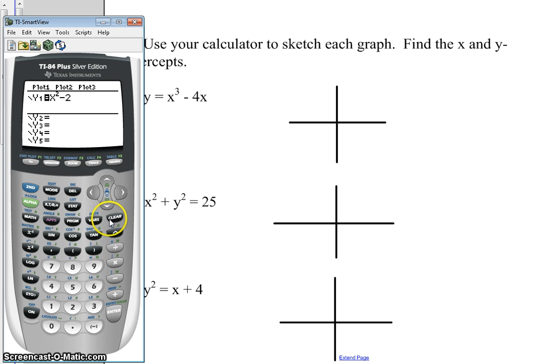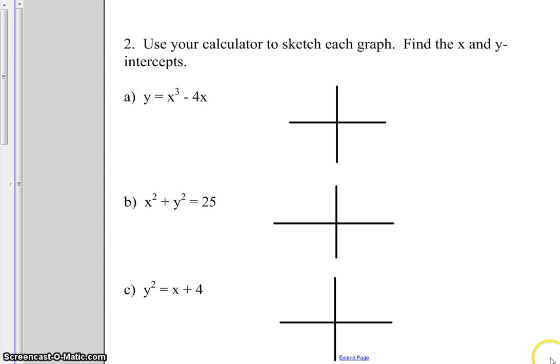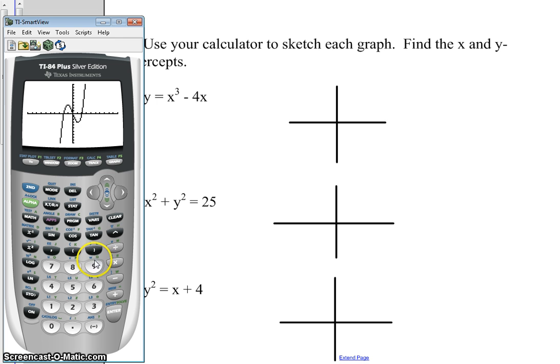Again, you're going to go back to y equals, and we're going to type in the first equation, x cubed minus 4x, and so we have a graph that is S-shaped, and I'd like you to just sketch that on your paper.